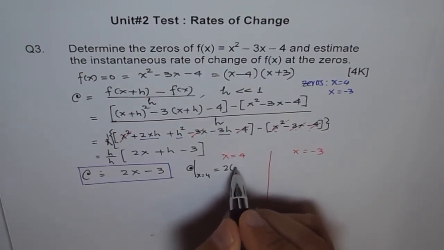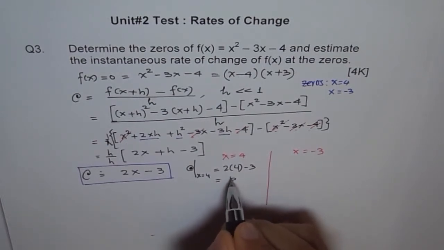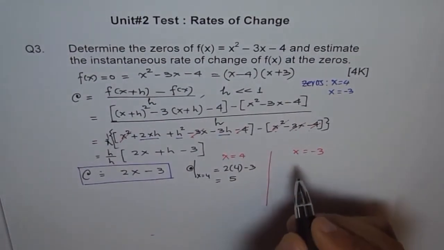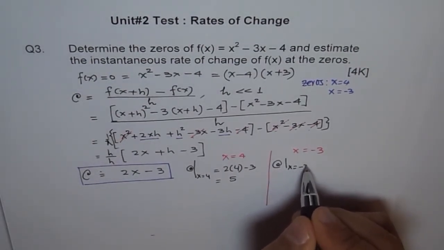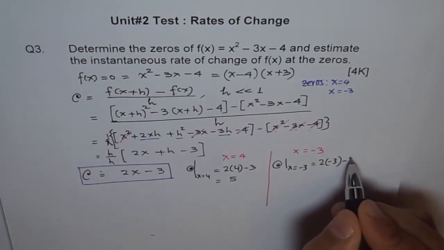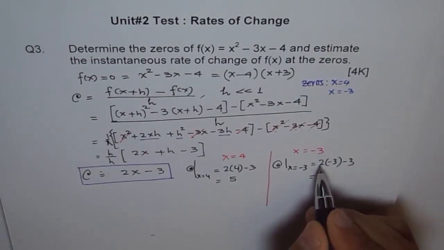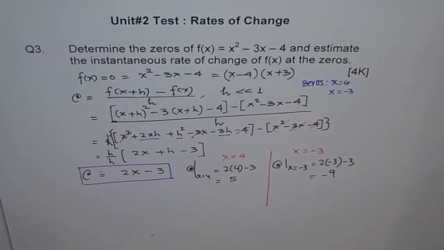So it becomes 2 times 4 minus 3, which is 8 minus 3, which gives me 5. And here, estimate rate of change at x equals minus 3 is equal to 2 times minus 3, which is minus 6, minus 3 will be minus 9. Correct? Now, that's the estimate rate of change at the 2 points.